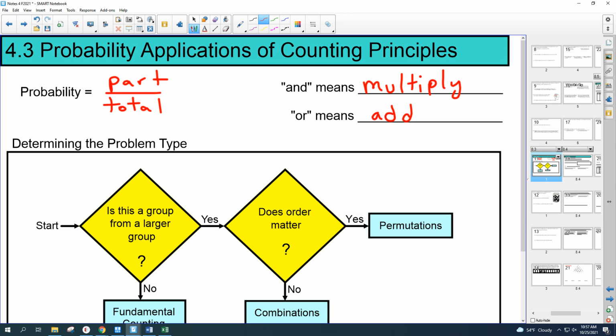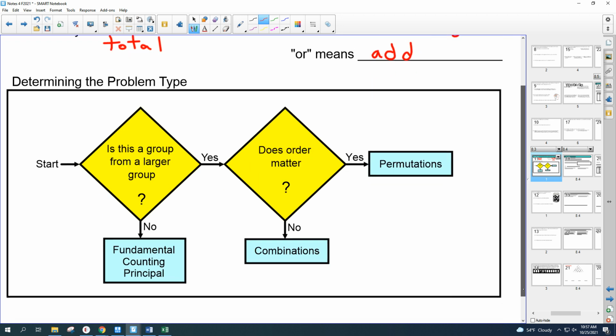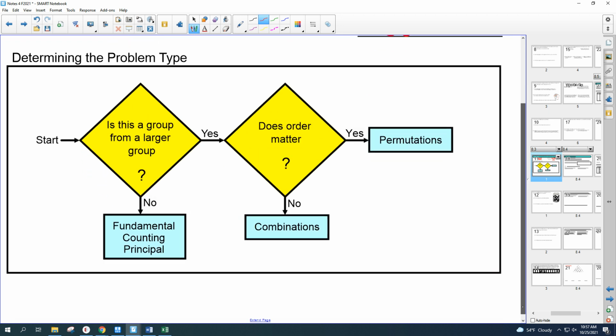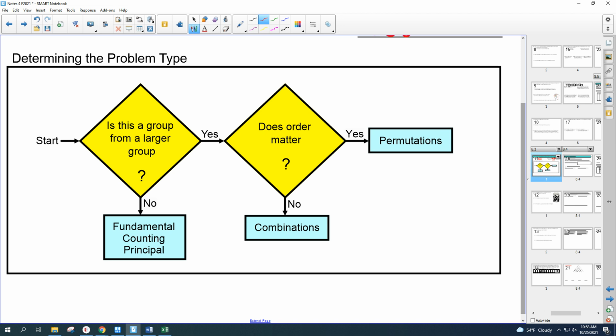Now, this flow chart, I want you to use this flow chart when you get stuck. If you know what to do, just do what you do. But if you're stuck, then ask yourself this set of questions. When you look at a problem and you don't know what to do, ask yourself, is this a group from a larger group? We've kind of already been doing that, but yes or no. If it's not, then it's probably going to be a fundamental counting principle.